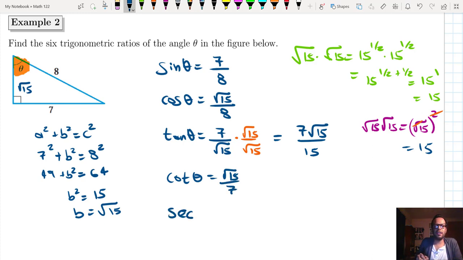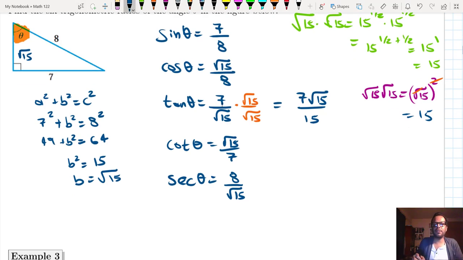The function secant theta is hypotenuse over adjacent, which is the reciprocal of the cosine function: 4 divided by the square root of 15. Again, just like the previous examples, you might want to rationalize denominators: 4 root of 15 divided by 15.